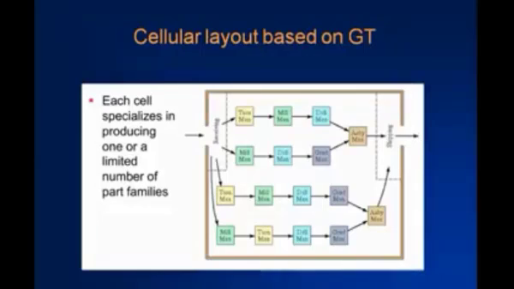But in cellular layout based on group technology, once we have the part families based on the composite part concept, then we can organize our cells in the manufacturing process, and each cell specializes in producing one or a limited number of part families. So if this is one cell, and we are going to make a part, it will start from turning, milling, drilling, assembly, and then shaping.